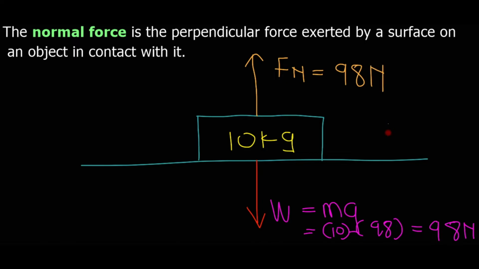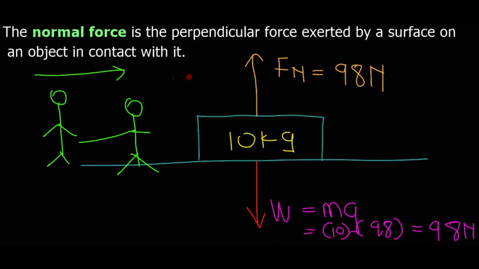Let's understand why. This object is not going up or going down. The upward and the downward forces are balanced. Let's see an example. Let's say there are two people pushing against each other. This one pushes in this direction, and this one pushes in the opposite direction.